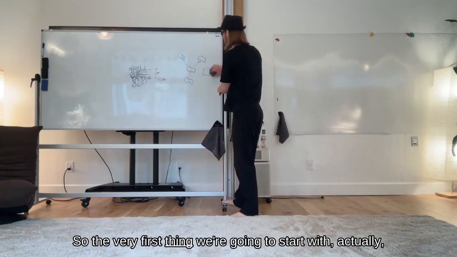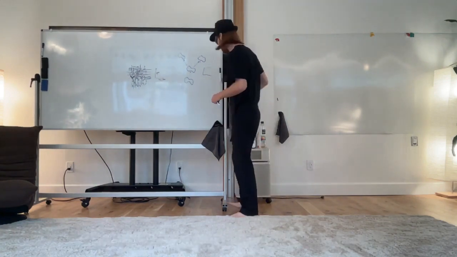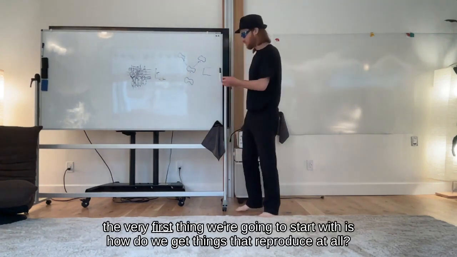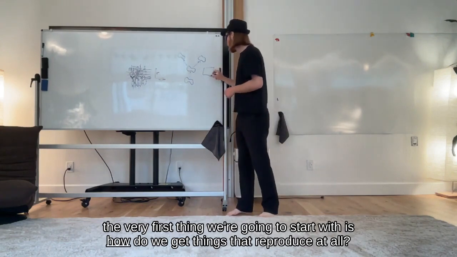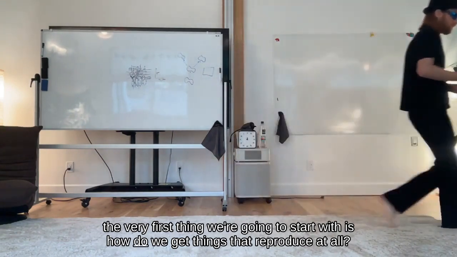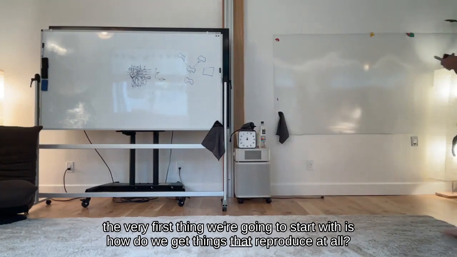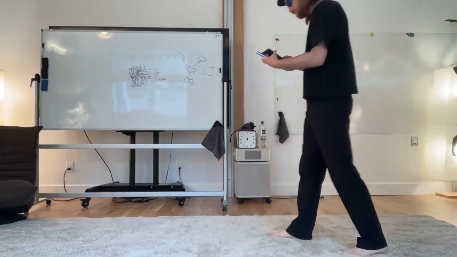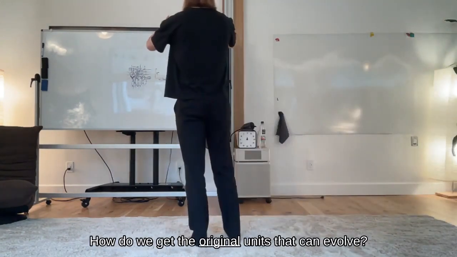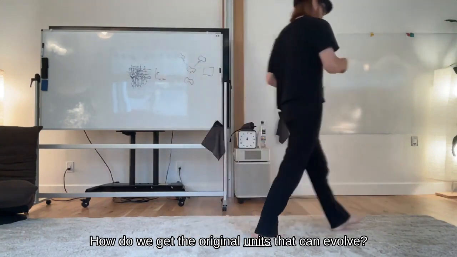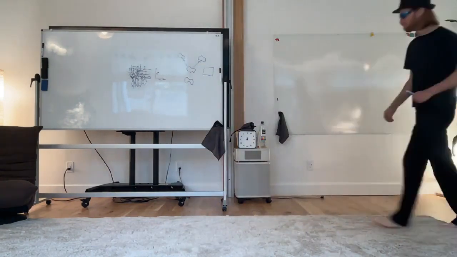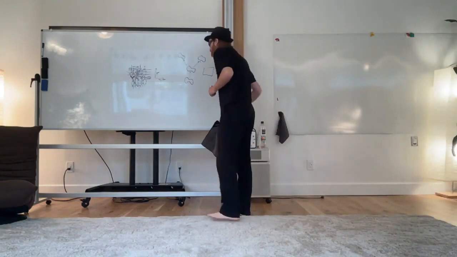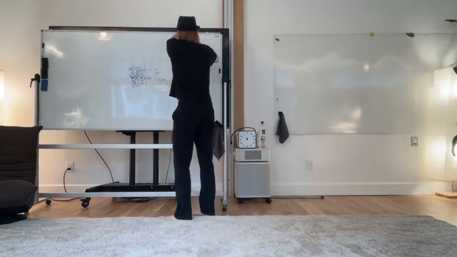The very first thing we're going to start with, actually, let me take a picture of this before I erase it, is how do we get things that reproduce at all? How do we get the original units that can evolve, which is abiogenesis.